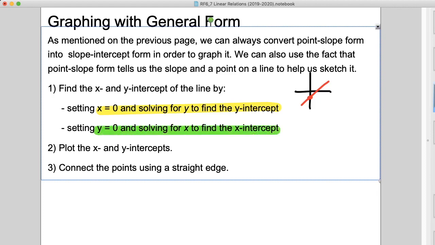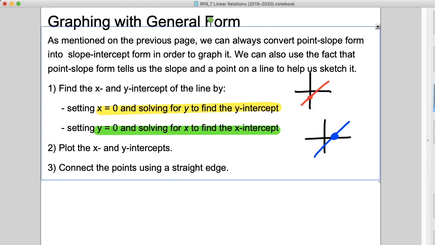So if I were to make another graph, we'd be looking for this point here. So those are two distinct characteristics using the general form. You can plot the x and y-intercepts, and then connect your points using a straight edge.